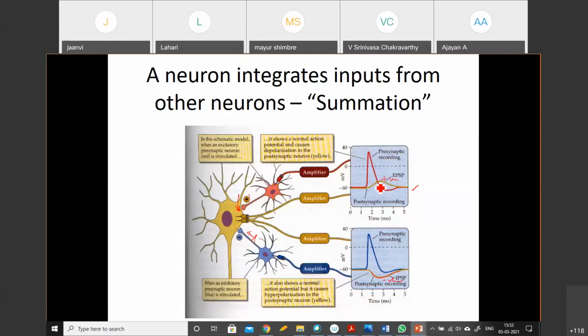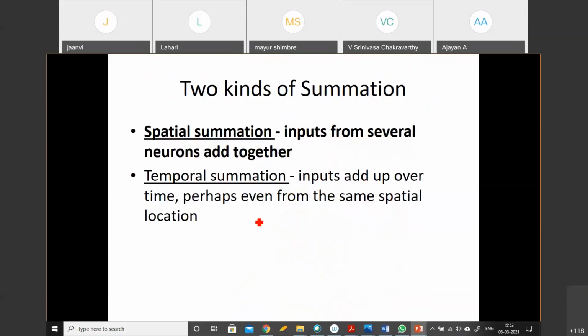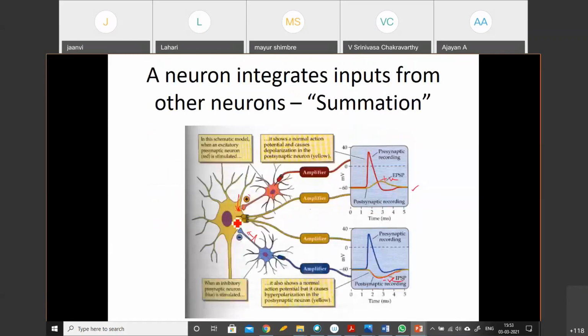So you see what is happening here is, one neuron is trying to inject some current into this neuron, a positive current, thereby increasing the neuron's voltage. Another neuron is trying to decrease the voltage of this neuron by injecting negative current. So the thing is like this: different neurons inject different levels of current, both in terms of sign and magnitude, and all these currents produce certain changes in the voltage of this target neuron, the yellow neuron.